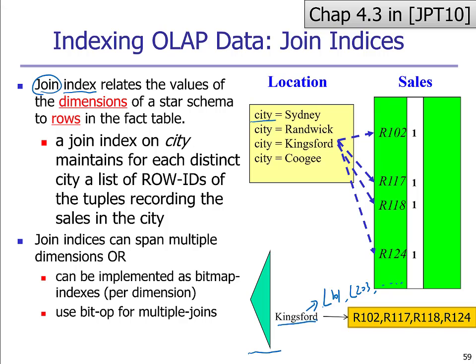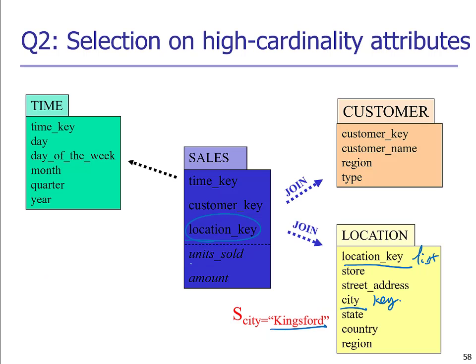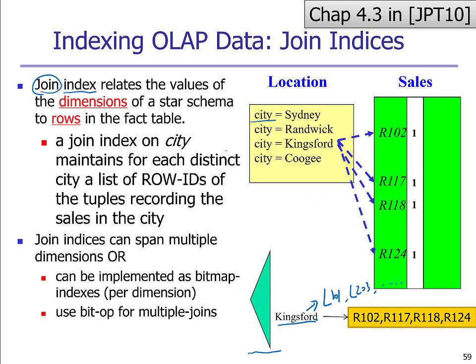So this is what we do for a traditional index. But for a join index, this join means that what we store is not the location ID or the location key, it is the sales ID, or transaction ID, as you can see here.